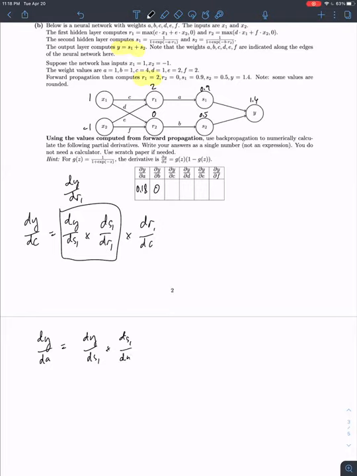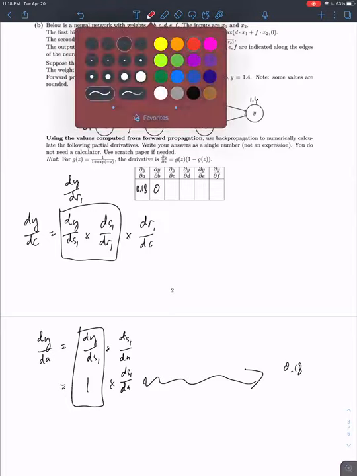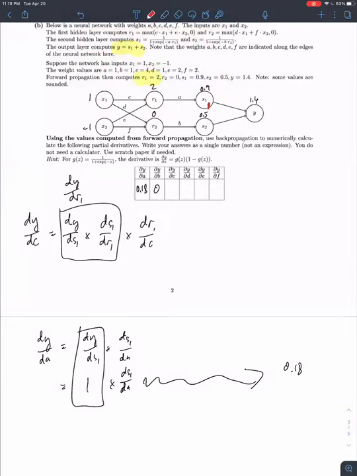Well, y is s1 plus s2, so that was 1 times ds1 dA. We did all sorts of stuff to get 0.18, but what I want to remember is that dy ds1 is 1. So let's write that down here.